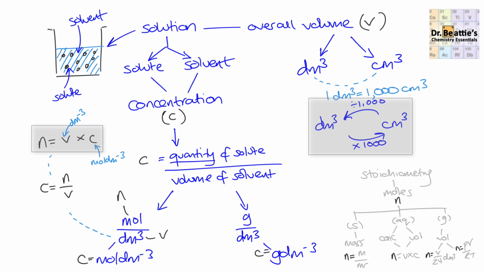I appreciate this is getting quite busy, but we're drawing lots of concepts from not just the idea of solutions, but across all of moles and dealing with different substances. But what we do need to just finish off is, if this is so important, moles per decimeter cubed, then if we're given a concentration in grams per decimeter cubed, how do we jump from this unit into this unit?